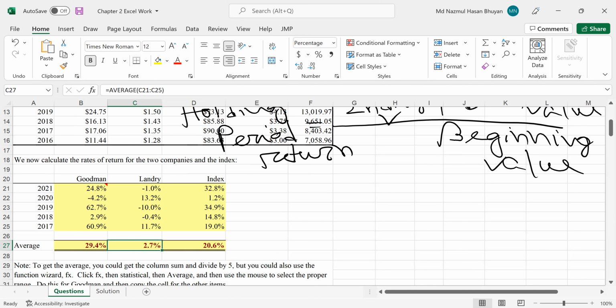So in this case, Goodman Company outperformed the market because the average return for Goodman is greater than the average return of the market. On the other hand, Landry underperformed the market. Why? The average return of Landry is less than the average market return.